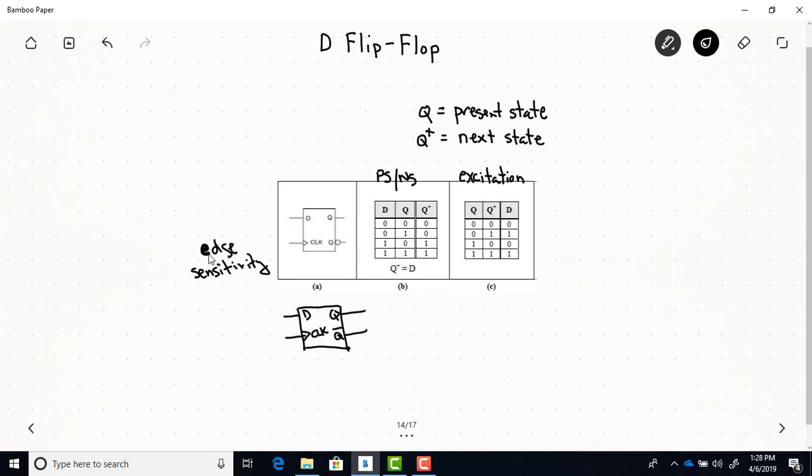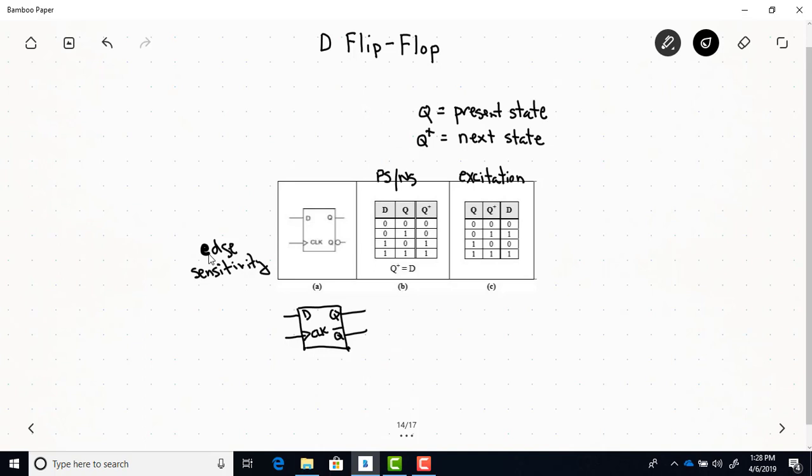In the bottom two rows, when the D input is 1, it doesn't matter what the present state of Q is, the next state of Q is going to equal 1. So we'll just say that the next state of Q of a D flip-flop just follows the D input.